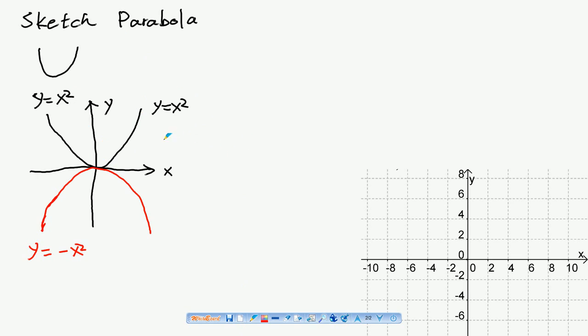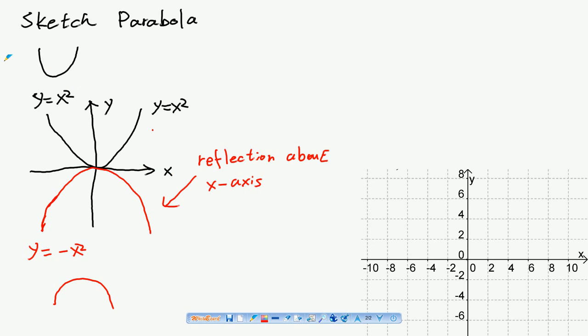It's a reflection about the x-axis. So if the coefficient of x squared in the parabola is a minus number, then the U shape is going to be reflected in the x-axis.